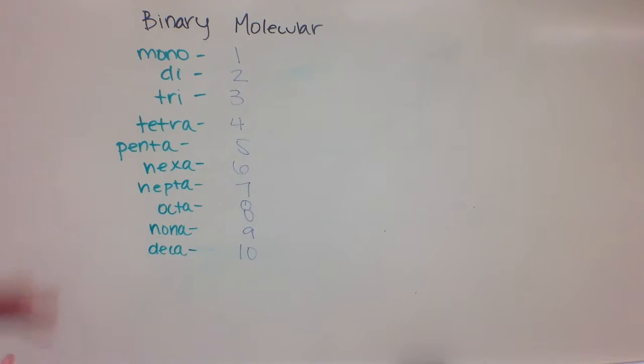So you need to memorize them. For example, if you have monoxide, that means you have 1 oxide. Or dioxide, for example, carbon dioxide, that's carbon plus 2 oxides, so CO2. And it goes on, so if you have tri in the prefix, then you know the subscript is going to be 3.